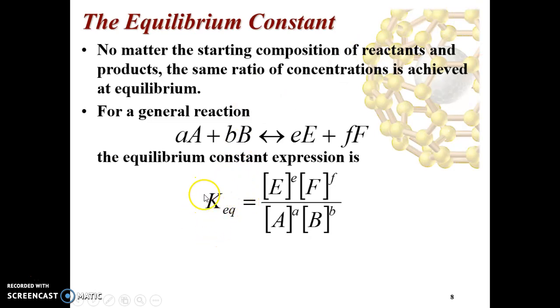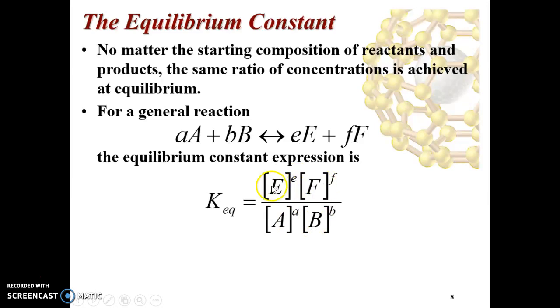So Keq is a constant. It is a number that is not changing for the components at a particular temperature. Keq is dependent upon temperature. It will change if you change the temperature of the reaction. But notice what you have here. You have products on top, reactants on bottom. The brackets mean concentration.